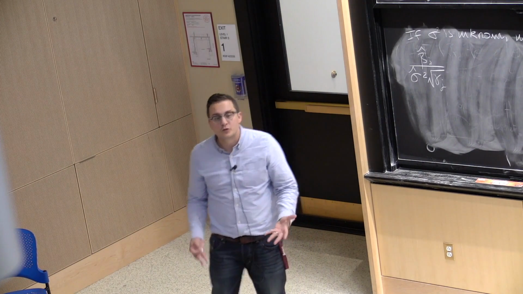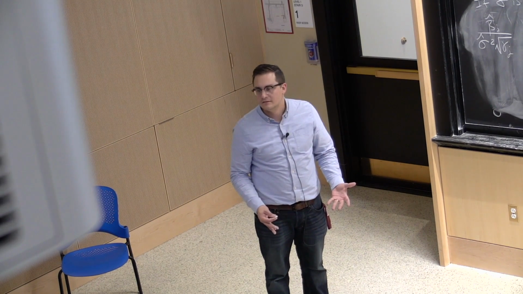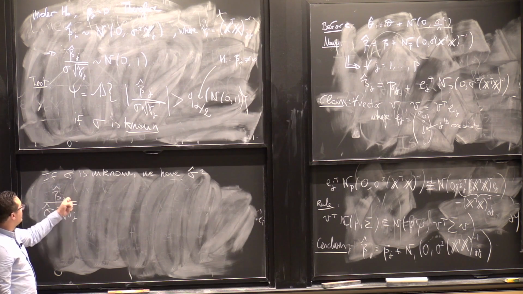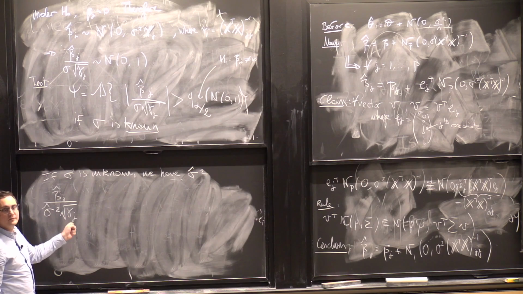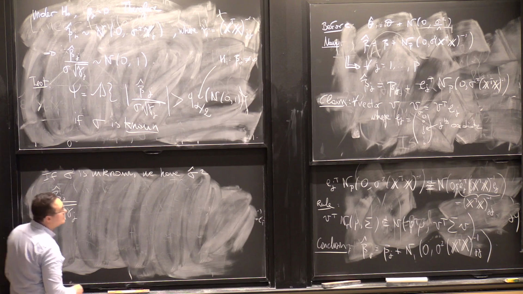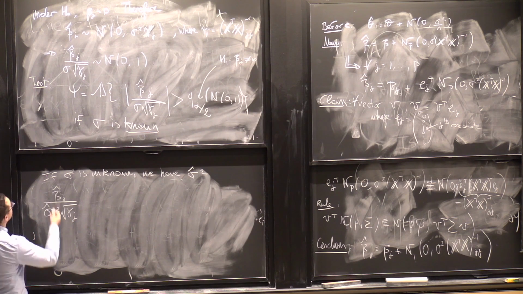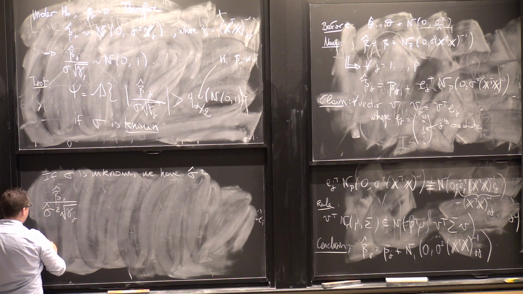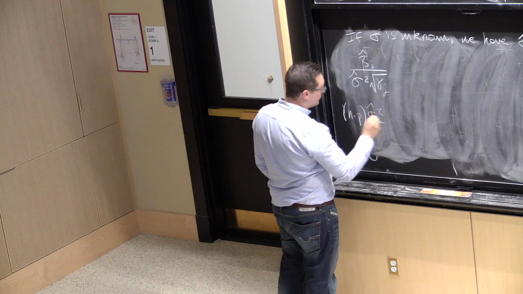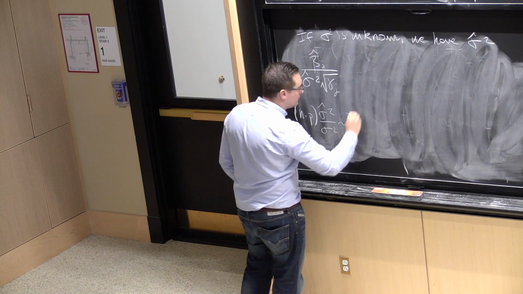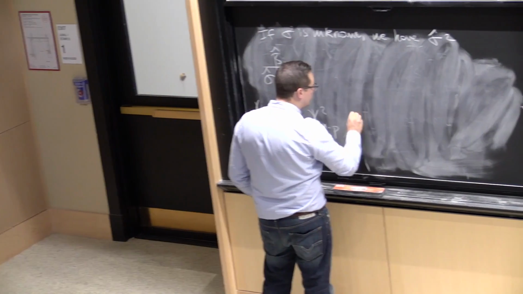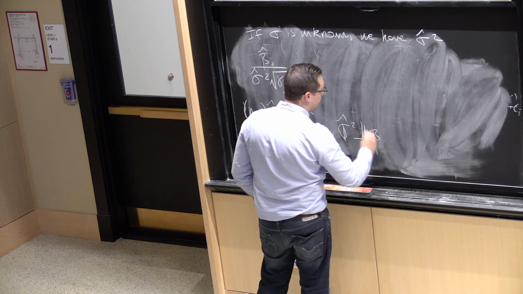What I need to do is to be able to compute the distribution of this thing. So I know the distribution of beta hat j over square root of gamma j. That's some Gaussian N(0,1). I don't know exactly what the distribution of sigma hat squared is, but what I know is this: n minus p times sigma hat squared over sigma squared follows some chi squared with n minus p degrees of freedom, and that it's actually independent of beta hat.